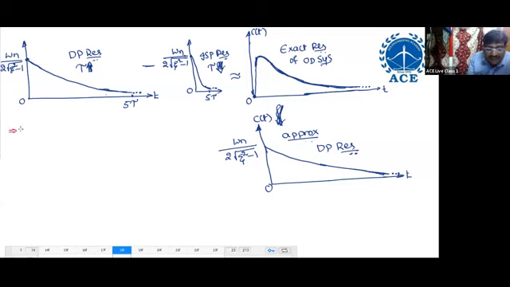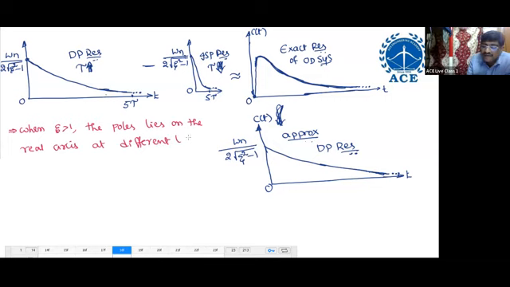What is the conclusion? When zeta is greater than 1, the poles lie on the real axis, at different locations in the left of the s-plane.